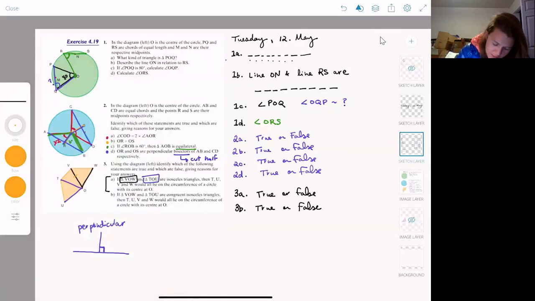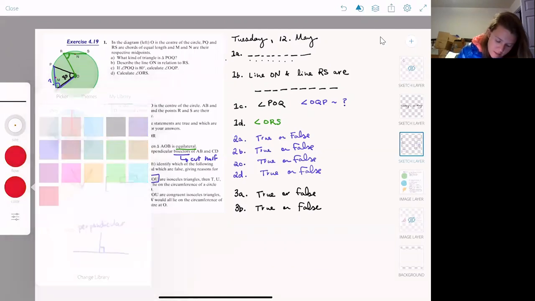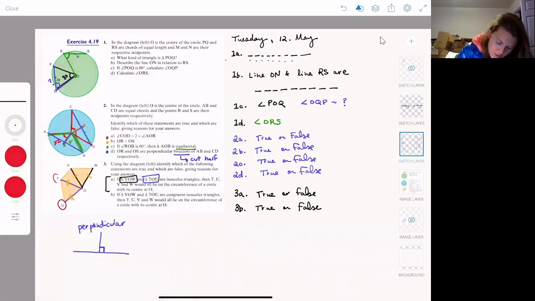So that means this side and this side are equal to one another. And that means this side and this side are equal to one another. Then U, T, V, and W would all lie on the circumference of the circle with U at the center. Is that true or false?